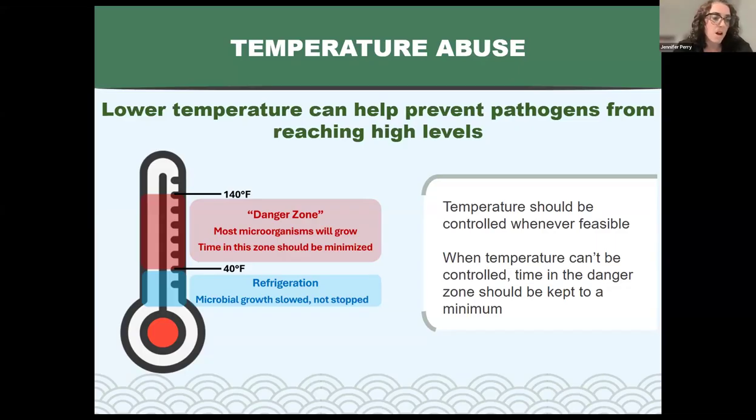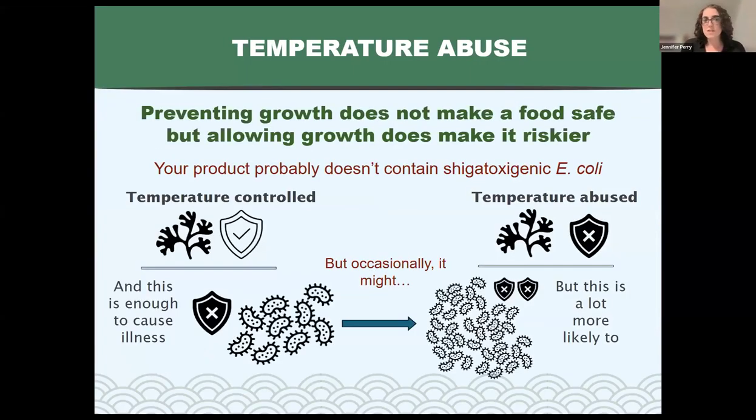And because of this phenomenon, we really suggest controlling temperature whenever possible, although we do acknowledge that there may be some situations where that's just not feasible. And in those cases, you want to keep product exposure to these temperatures to an absolute minimum in terms of time.